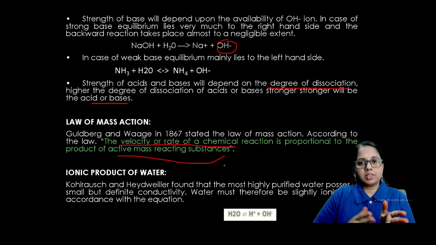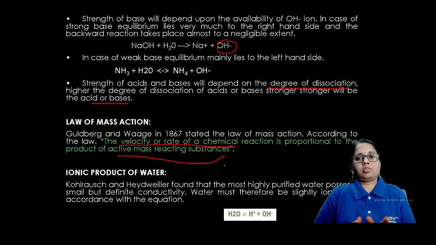Substrates means reactants and products. So the law of mass action tells us that the velocity or rate of a chemical reaction is proportional to the product of the active masses of the reacting substances.